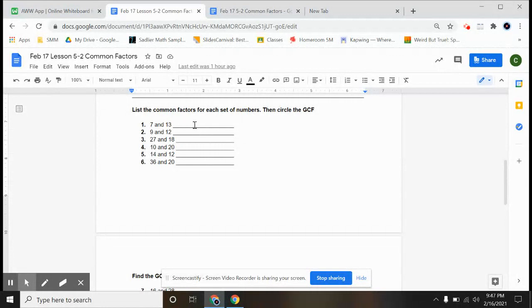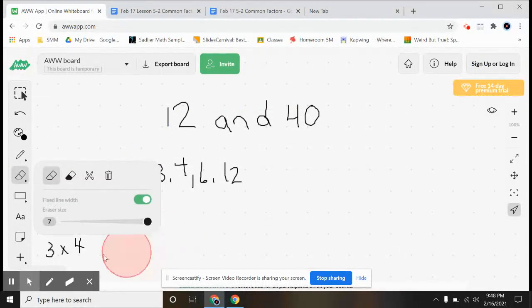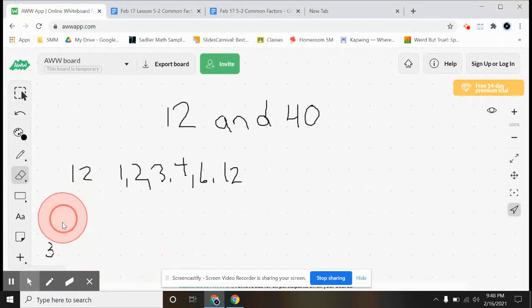I don't know that you're going to have space to do that right there, so you might want to do these on a separate sheet of paper and then send me a picture of that work so that I can see that you practiced that, okay? So here's my factors for 12. Well, I have to find the factors for my other number, which in this example is 40.